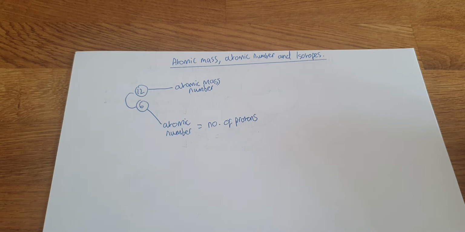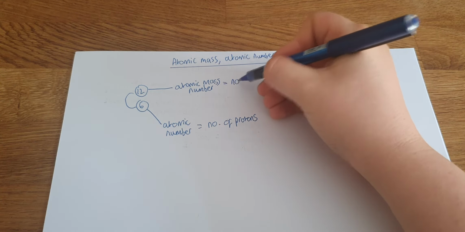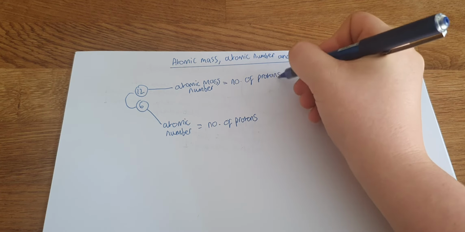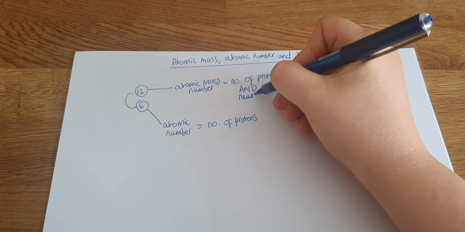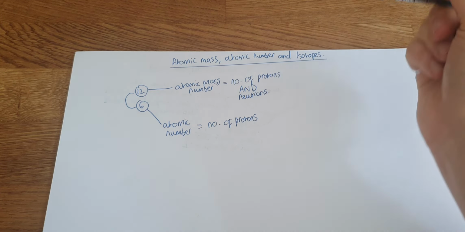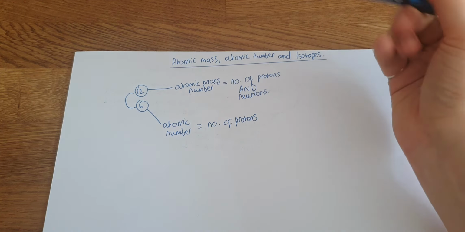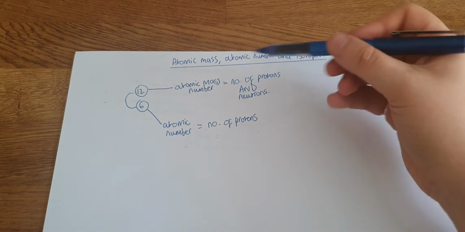Okay, so the atomic mass number, that is the number of protons and neutrons. So in this case, for carbon 12, the atomic mass number is 12. That doesn't mean there are 12 protons and 12 neutrons. It just means there are 12 altogether.